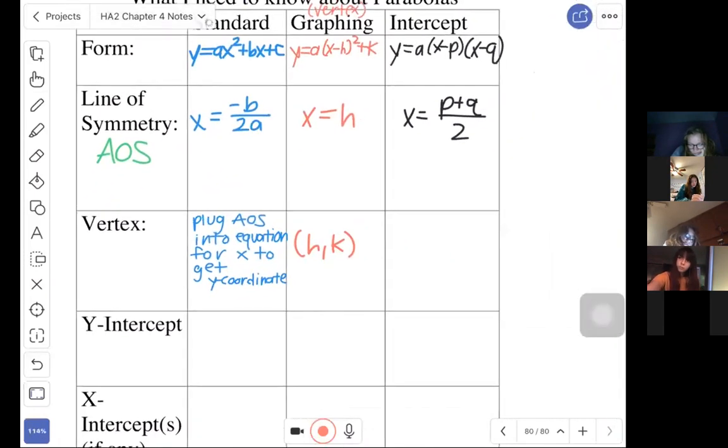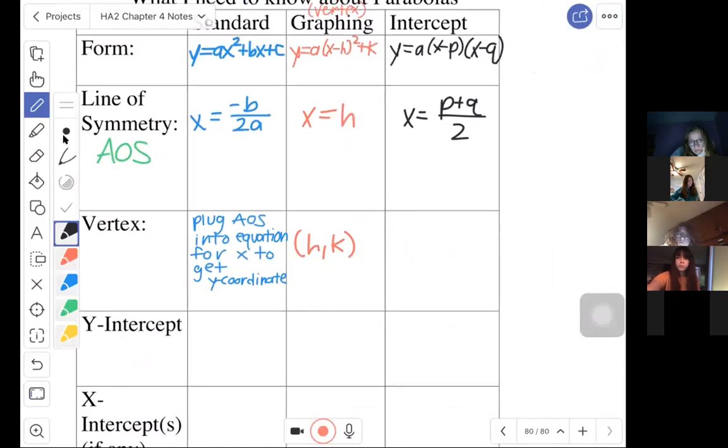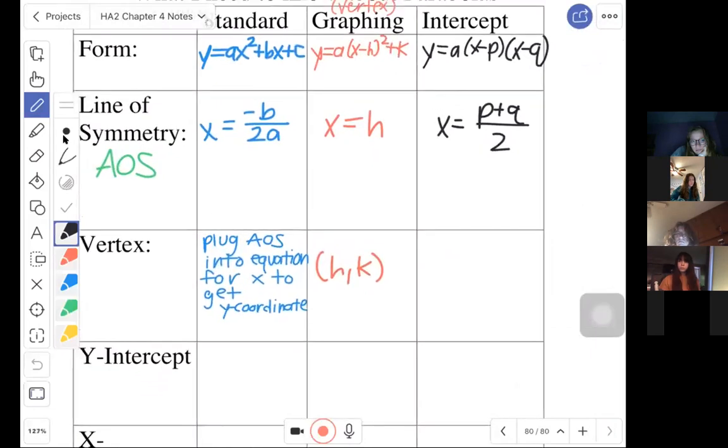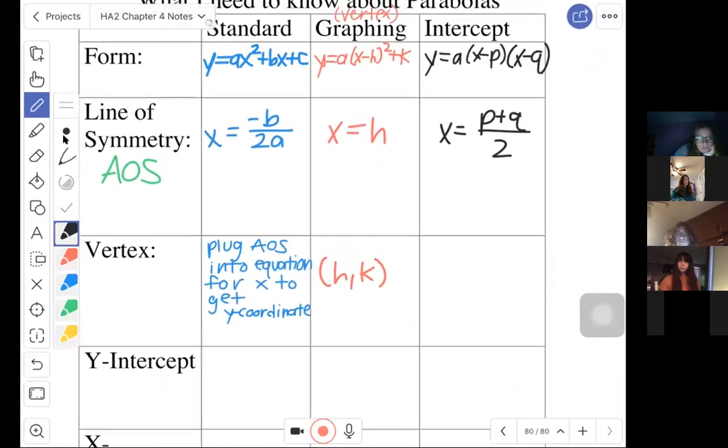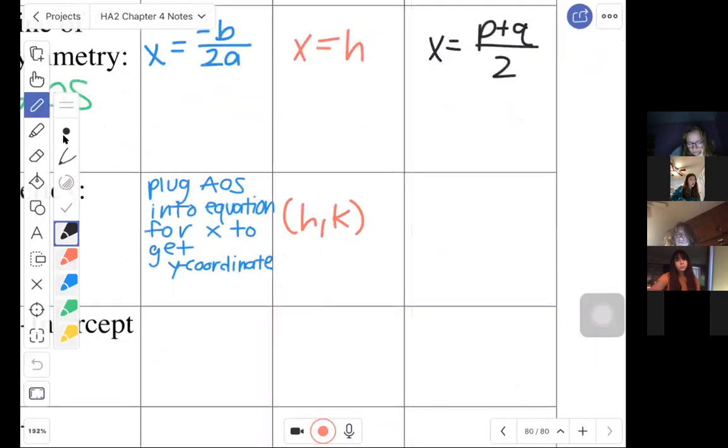What about intercept form? We can see right from vertex form, gives us that vertex, super easy. What about intercept form? Gabby Snyder, what do you think? Vertex for our intercept form. Once we get that axis of symmetry, what can we do? You plug it into the equation. Yeah, same thing.